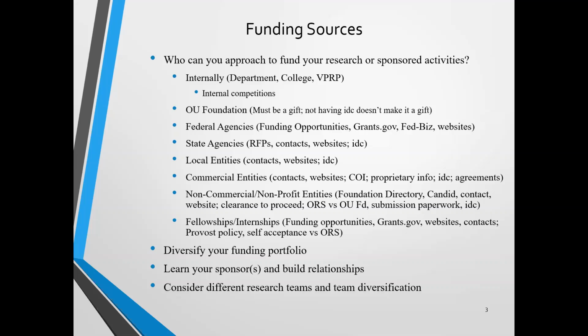So if all of your funding is from that one source, you could end up in a situation where your research may have a gap in funding. Whereas if you've got funding coming in from different federal sponsors, or federal sponsors and non-federal sponsors, it just gives you a healthier balance to being able to support your research.